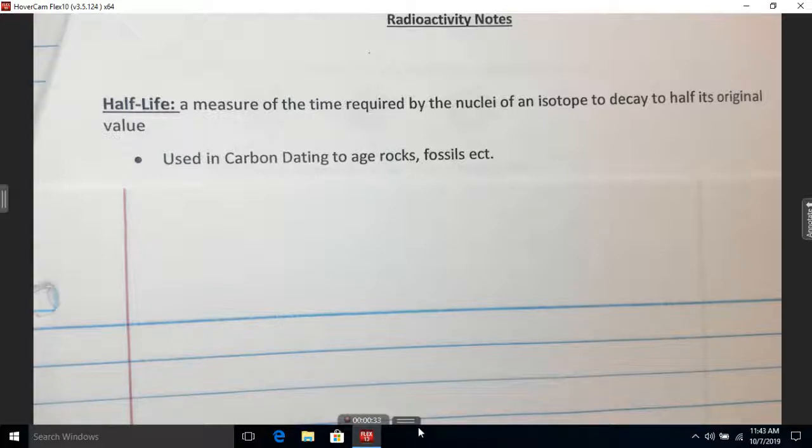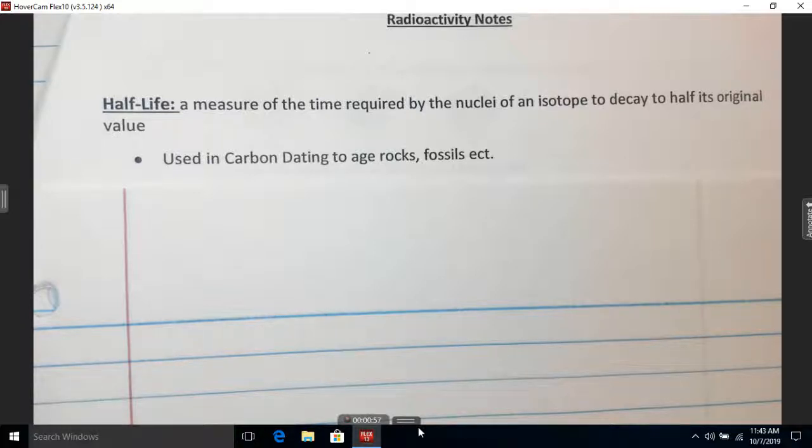And by dating, I mean, like, when was it first there? They can go back and say, when was this actually present in time? Okay? They use different isotopes to date things of different ages. It just depends on how far back they're trying to go.